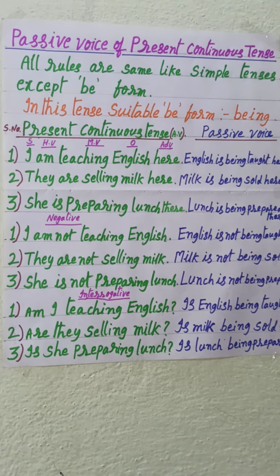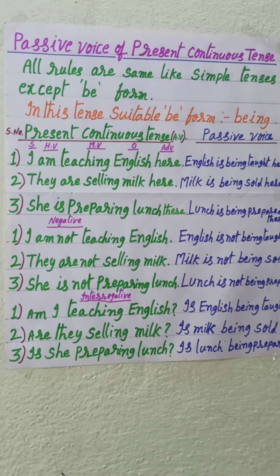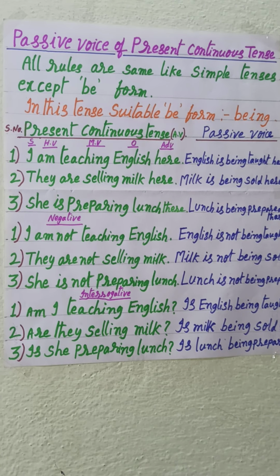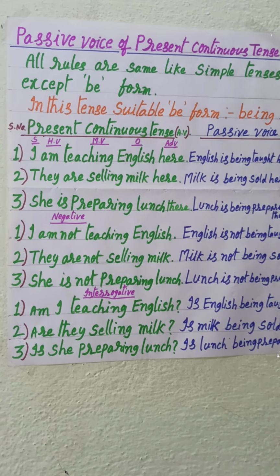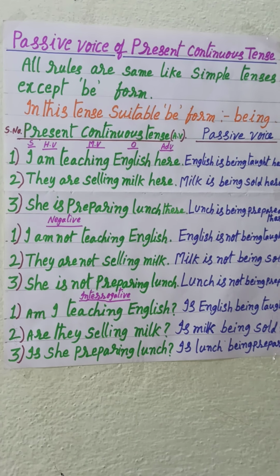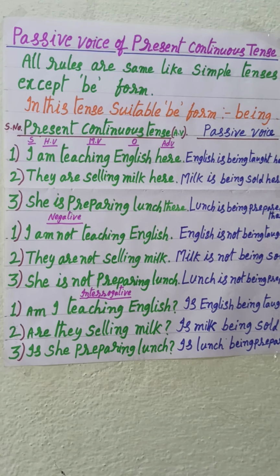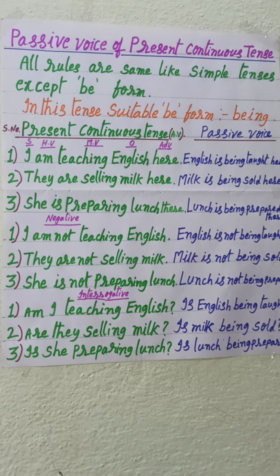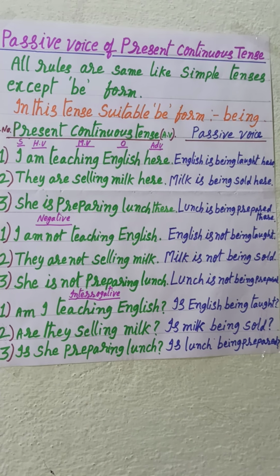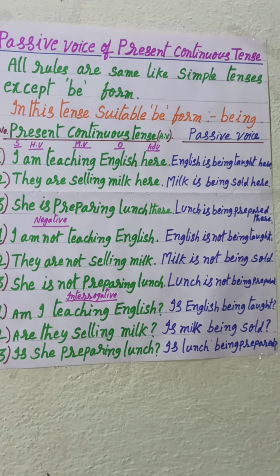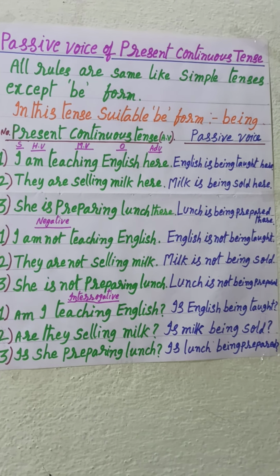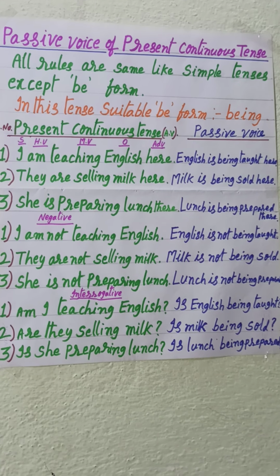We learned about subjective case and objective case in the simple past tense. We learned about transitive and intransitive verbs and that we need not write the doer in the simple future tense.